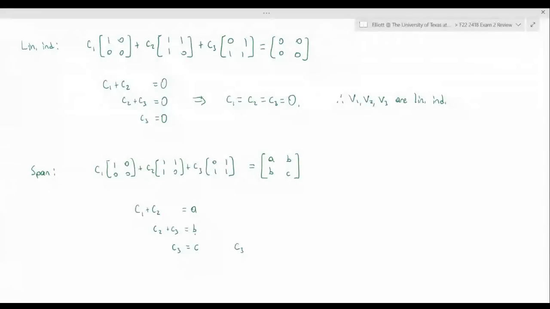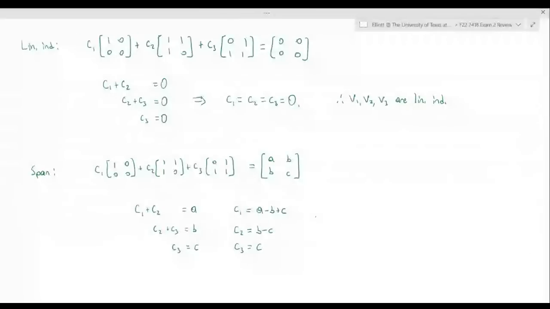Now, in this case, I guess maybe this system was too simple, but we already have a solution for C3, and you can back substitute to solve for C2. So it's B minus C3. And then you can back substitute into the first equation, and therefore you can solve for C1. It's A minus C2, okay?